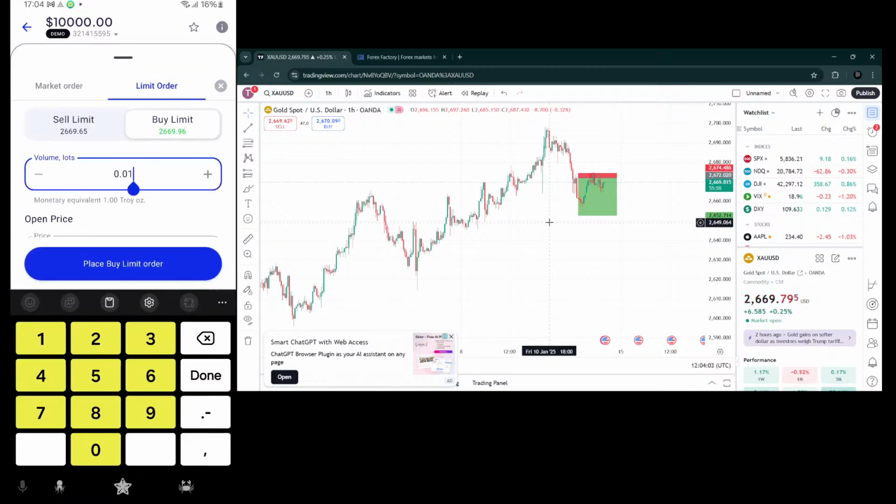So with every $1,000 you have to put 0.03.